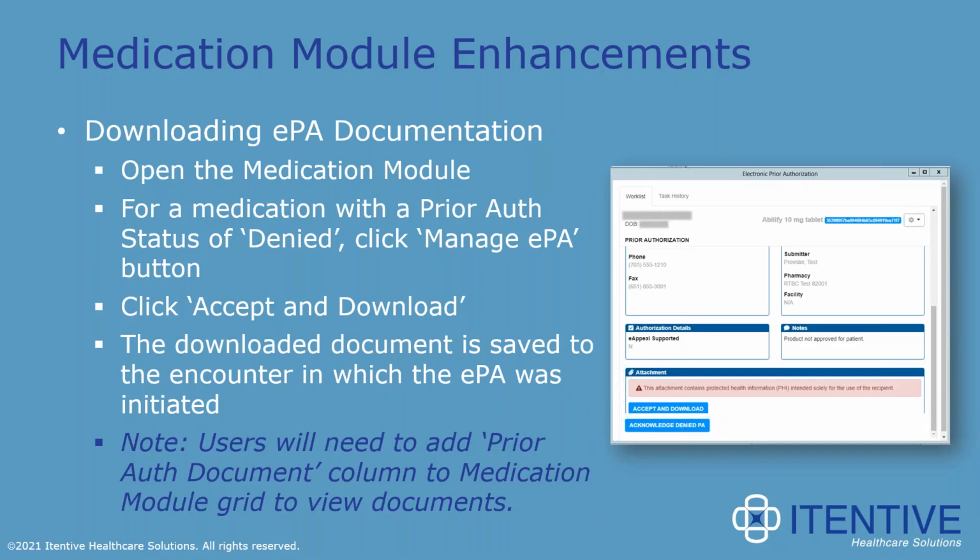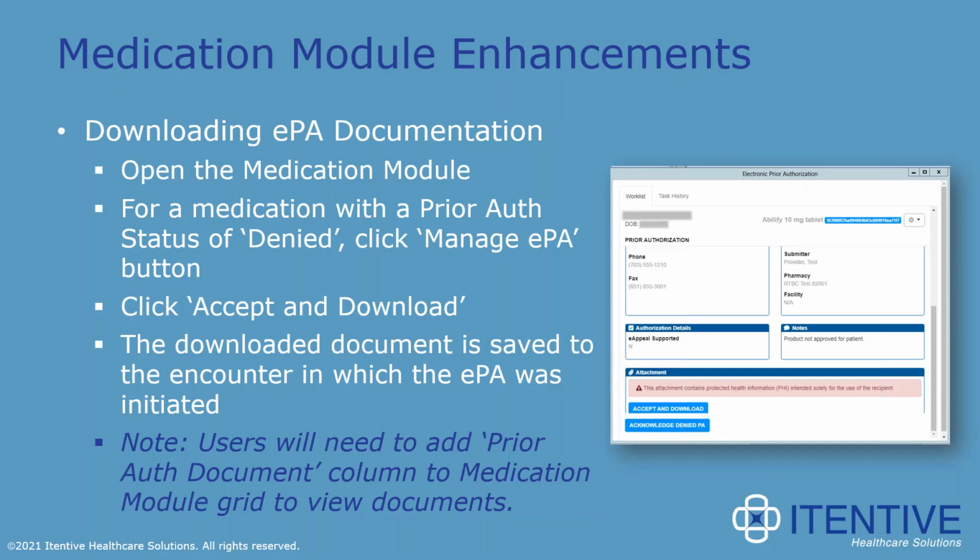A user would download the documentation by clicking on that Manage EPA button in our medication module. Now we'll see a section for attachments that will let us know that something was added with this prior authorization, and we would be able to accept and then download those attachments.